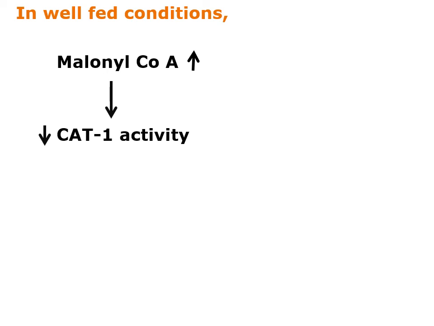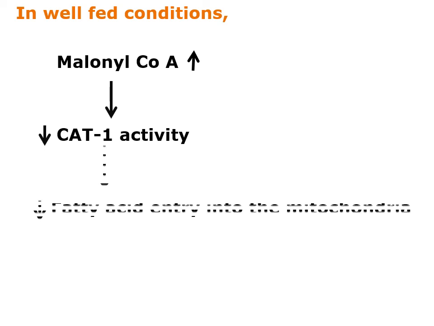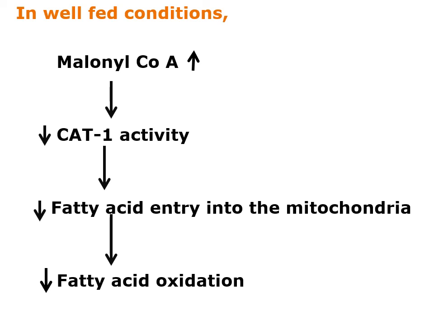The activity of CAT1, that is carnitine acyl transferase 1, is decreased. So less fatty acid will enter the mitochondria, because fatty acid can enter the mitochondria only in the presence of CAT1 and carnitine. Is that clear? So less fatty acid oxidation takes place.